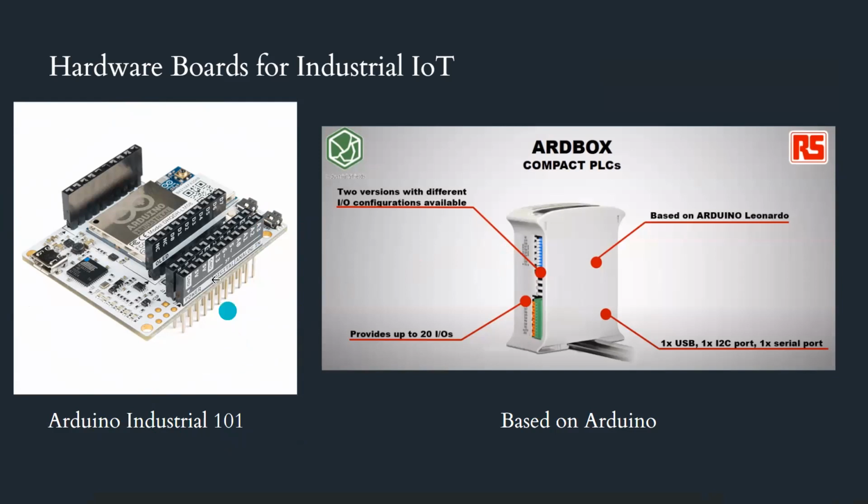These can just be directly used instead of PLCs in the industry. The advantage here is that we can flexibly change the functioning of this processor. Whatever process it is doing using the data that we collect, we can change easily using these boards, rather than using PLCs.